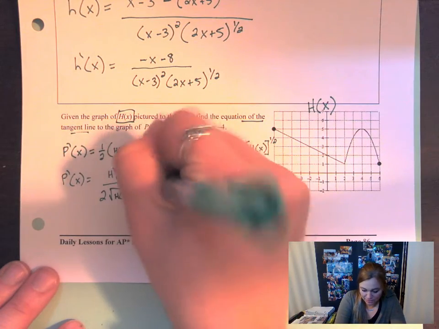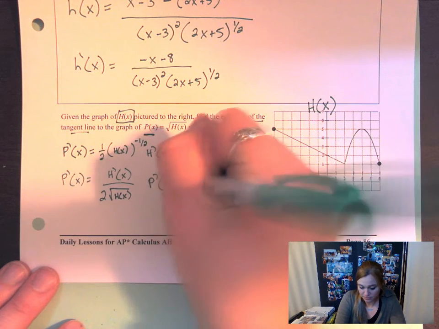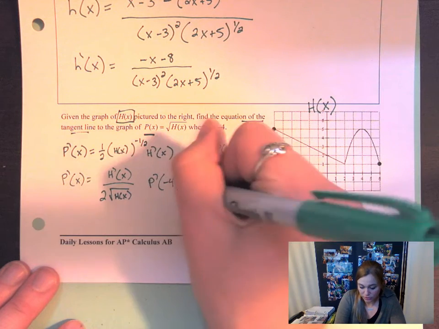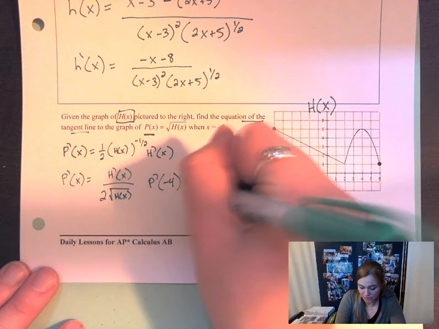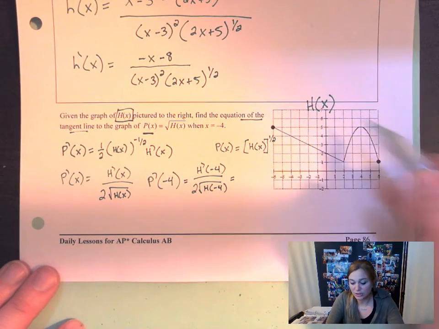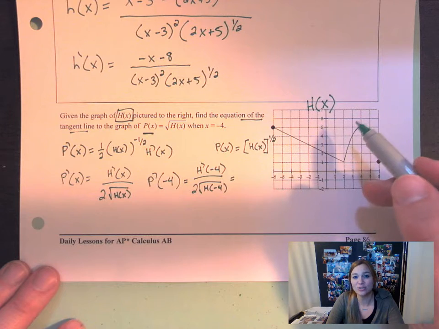If I substitute in p prime of negative 4, I would have h prime of negative 4 over 2 times the square root of h of negative 4. H prime of negative 4. If this is a graph of h of x, h prime is the slope of the tangent at x equals negative 4.